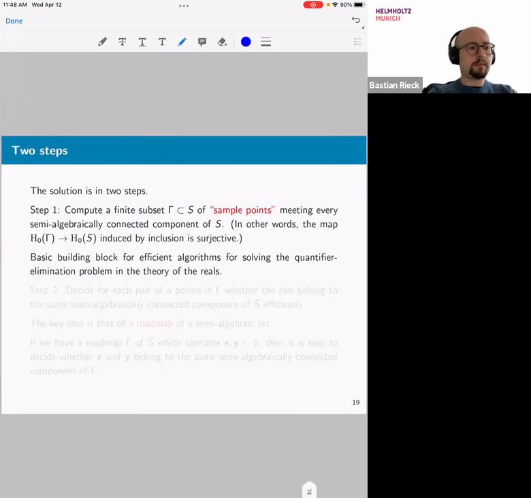And this problem is a building block for efficient algorithms for solving quantifier elimination problems that I was referring to in the beginning of the talk. So that produces maybe an overcount.